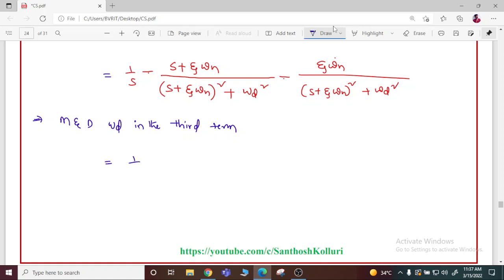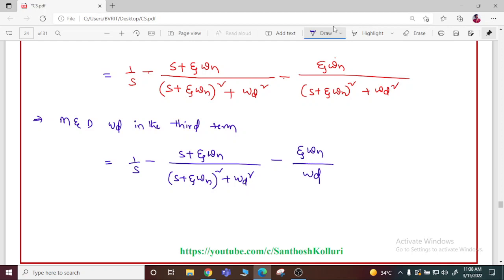So this will become 1 by s minus (s plus zeta omega n) divided by (s plus zeta omega n) whole square plus omega d square, minus zeta omega n divided by omega d, into, or I can write like this, I am multiplying omega d in the numerator, and we have (s plus zeta omega n) whole square plus omega d square.